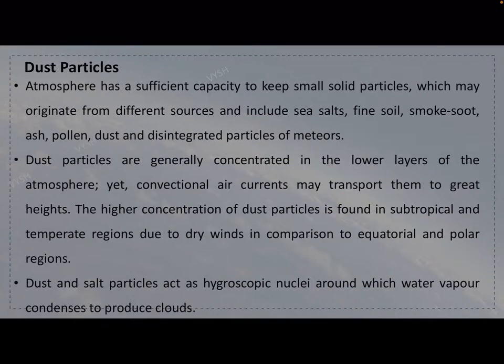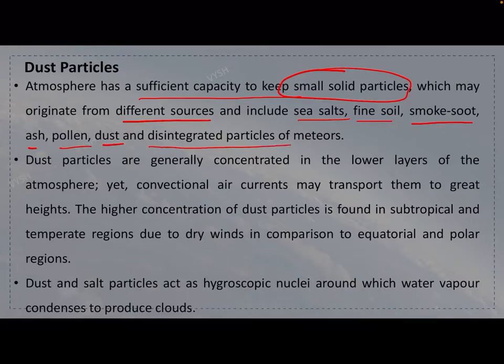Okay, next comes dust particles. The atmosphere has a sufficient capacity to keep small solid particles, which may originate from different sources and include sea salts, fine soil, smoke soot, ash, pollen, dust, and disintegrated particles of metals. Specifically in the cities, when you look up at the sky, it might not be very clear.